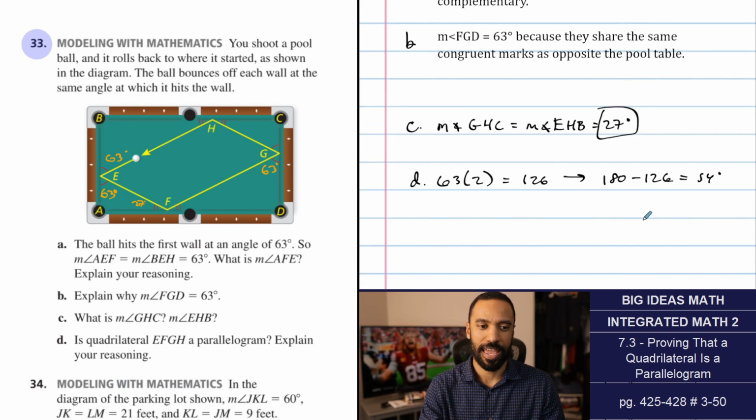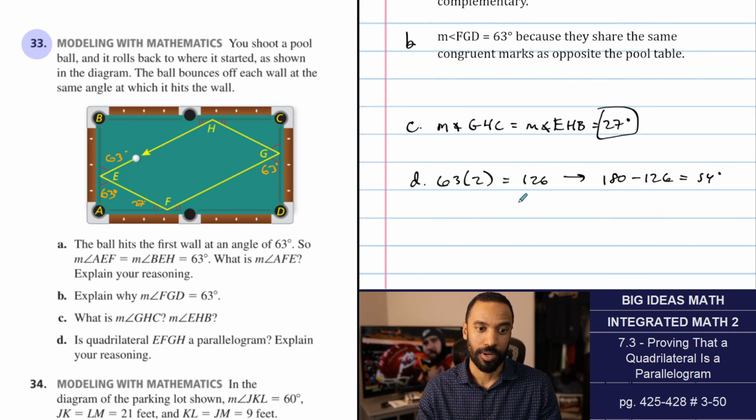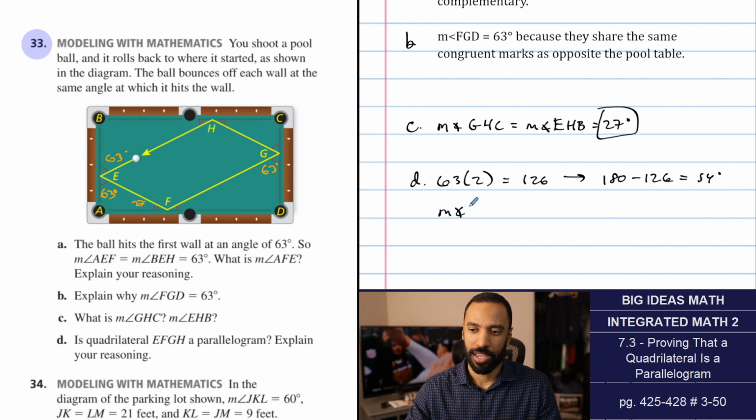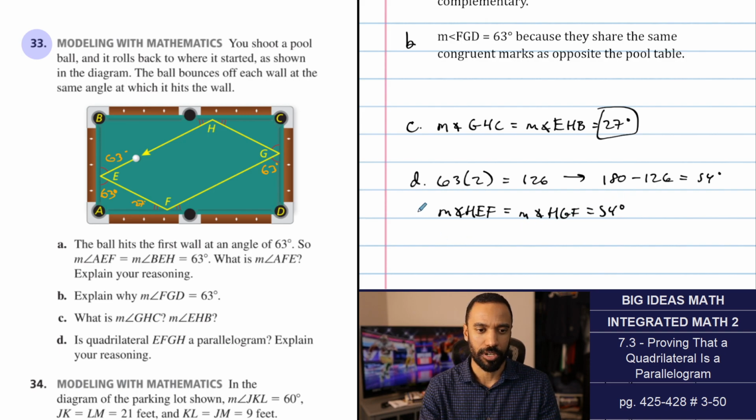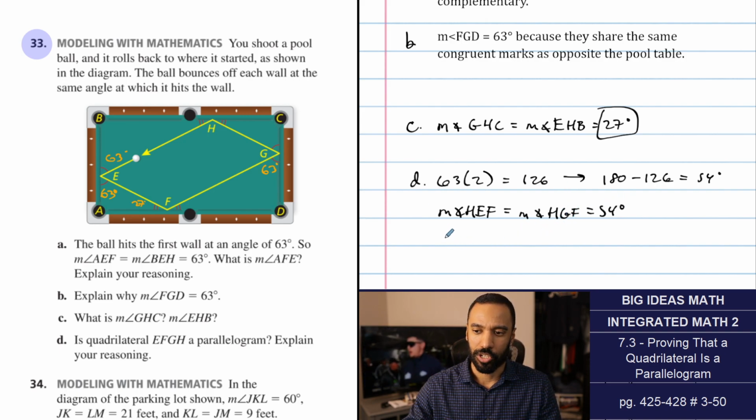So measure of angle HEF equals the same as the measure of angle HGF, which is 54 degrees. Those are opposite angles that are congruent. The other guys that are 27. 27 times 2 is 54.